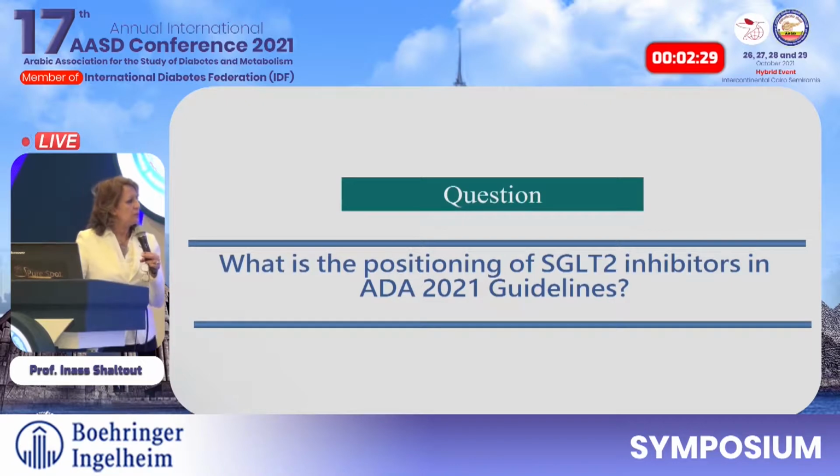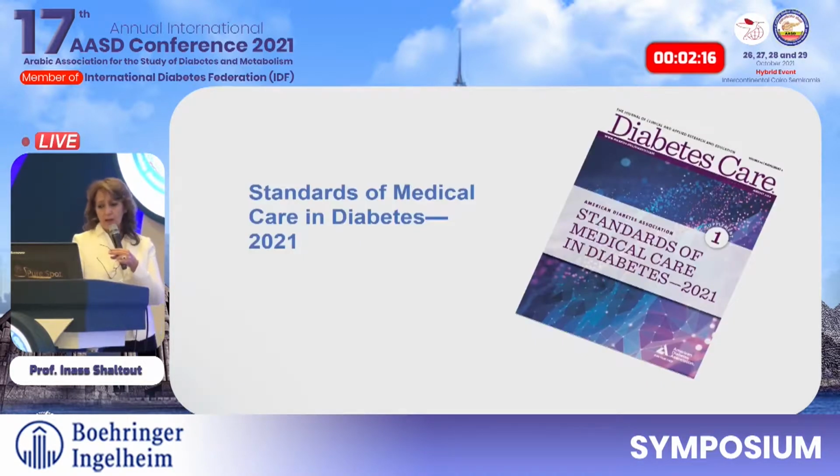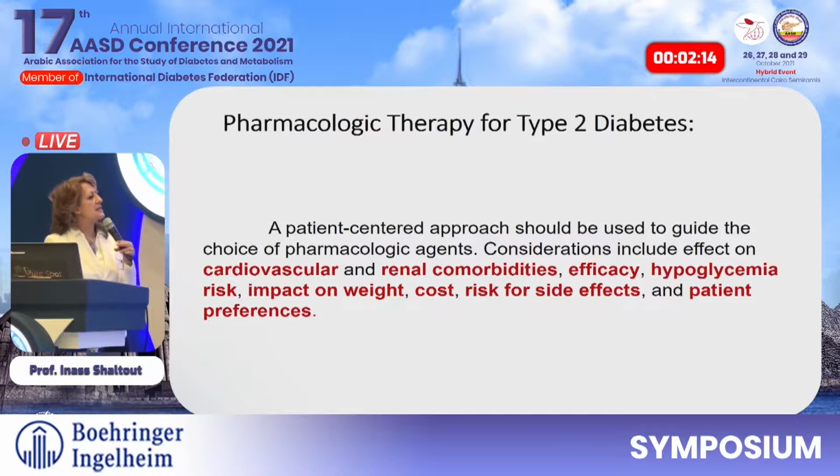I come now to another important question. What is the positioning of SGLT2 inhibitors in the ADA 2021 guidelines? And this is a statement from ADA. The patient-centered approach should be used to guide the choice of pharmacological agent.